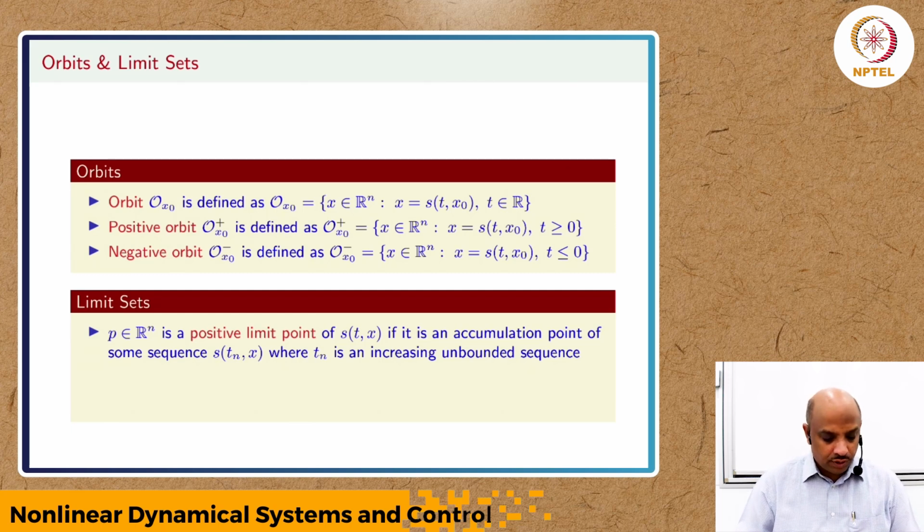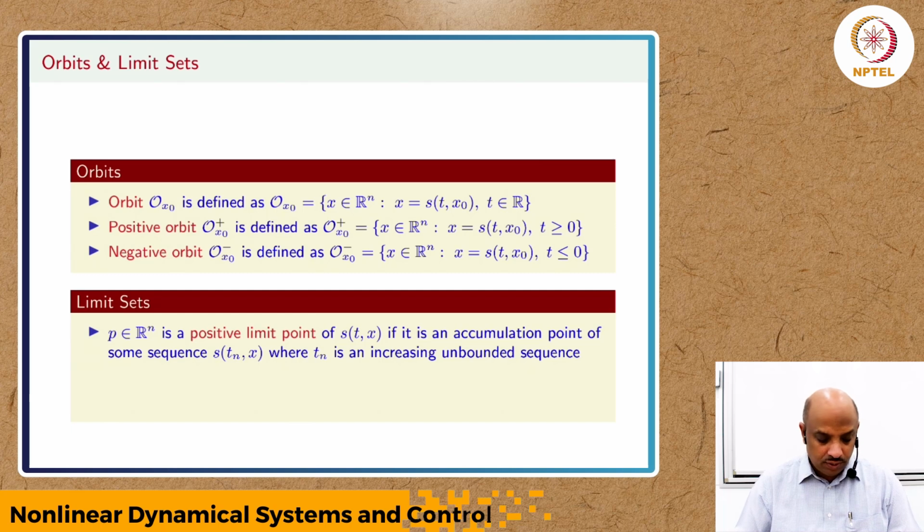So the rigorous definition is something like this: P is a positive limit point of this flow S of t comma x if it is an accumulation point of some sequence S of t_n comma x. So P should essentially be a limit point of some sequence of points on this orbit S of t comma x, specifically the positive orbit, because positive limit points come from positive orbits.